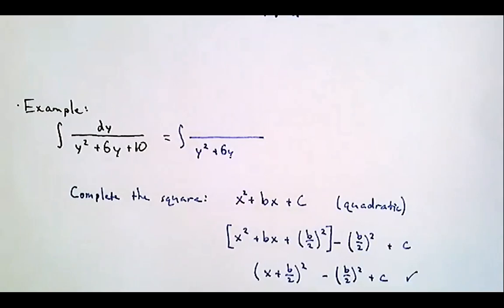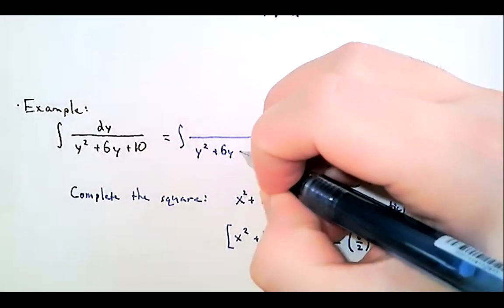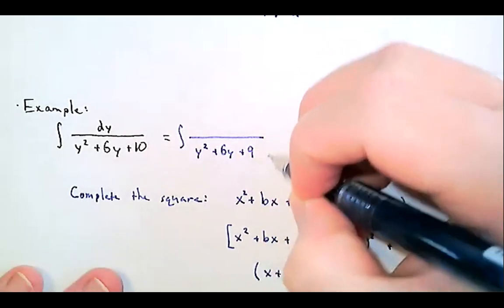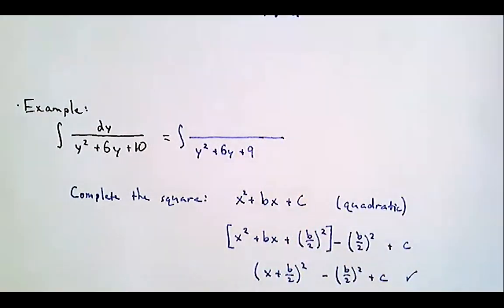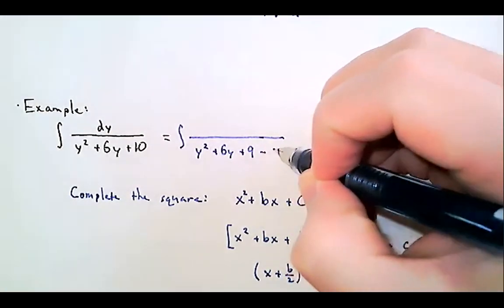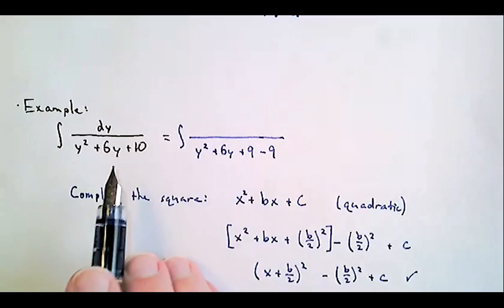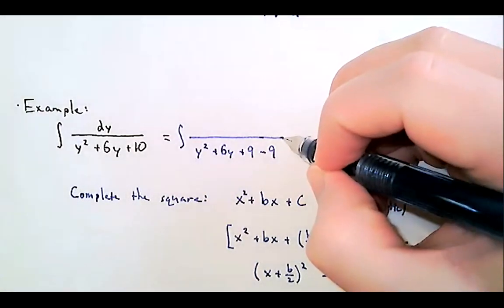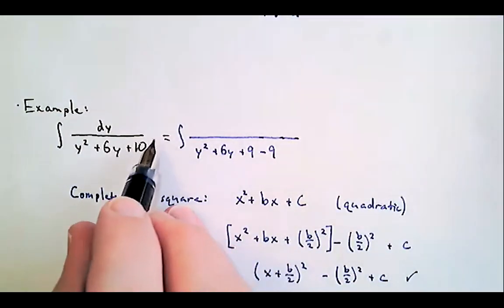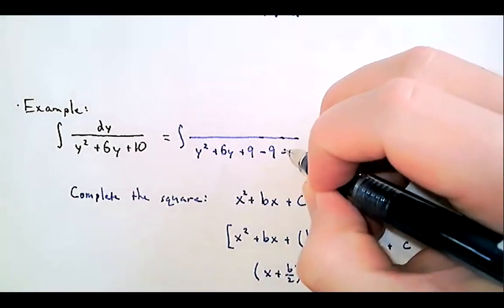So 6 over 2 is 3. 3 squared is 9. So I'm going to add 9. But I also need to subtract it off so that I don't change the original value. And then I bring c along as well, so plus 10.